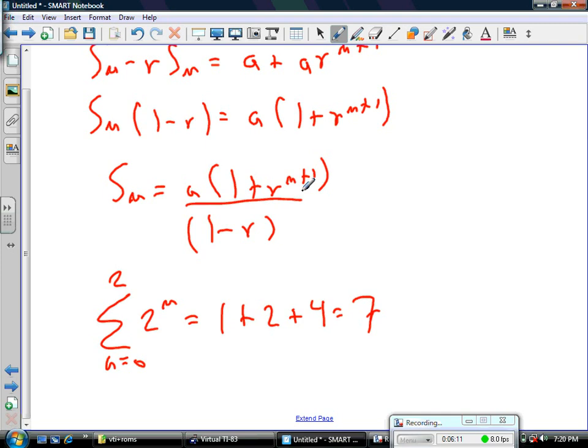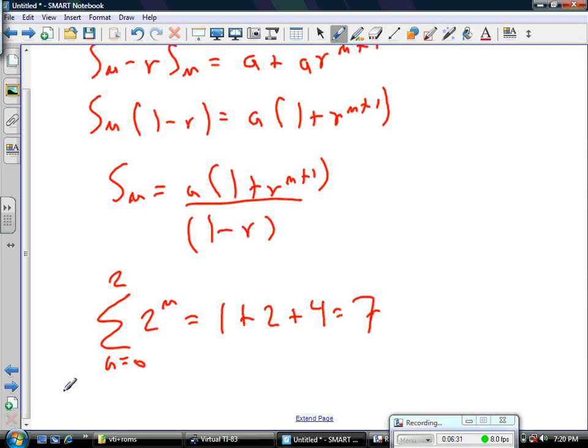Okay. Does this formula work? Does it give you that? Let's find out. What's A? A is the first term, 1. What's R? I'm multiplying by 2, I'm multiplying by 2, I'm multiplying by 2, right?